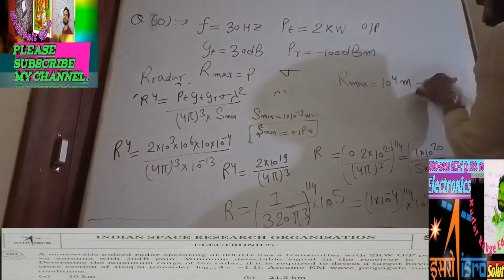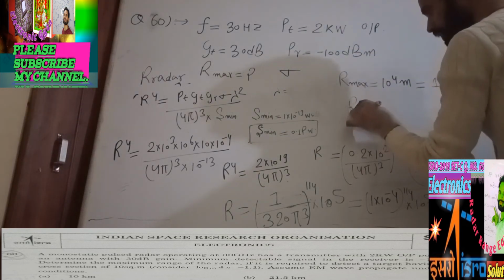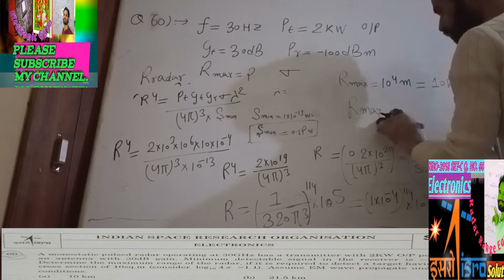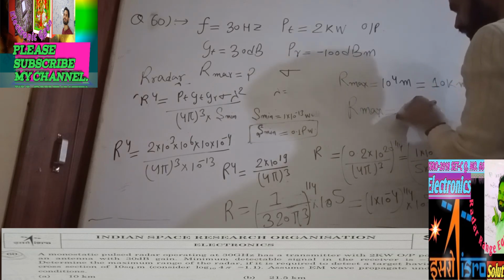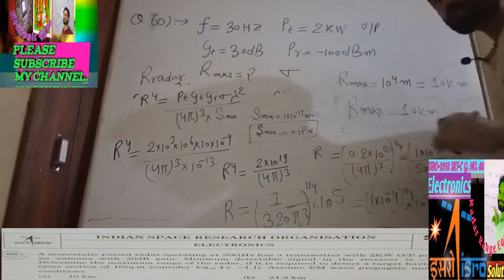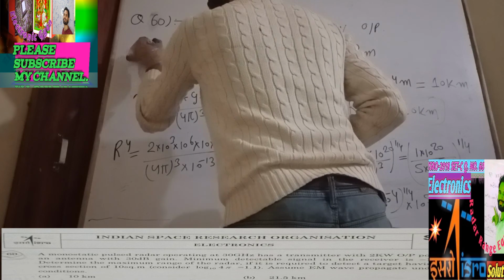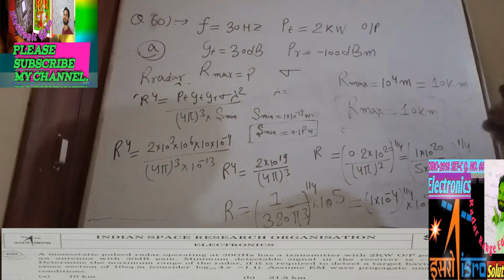That is 10 kilometer. So the maximum range from radar to target is 10 kilometer. Therefore we can say that this option is correct.